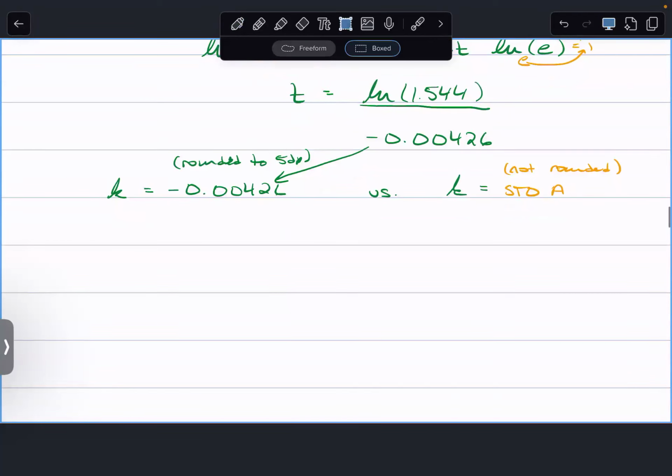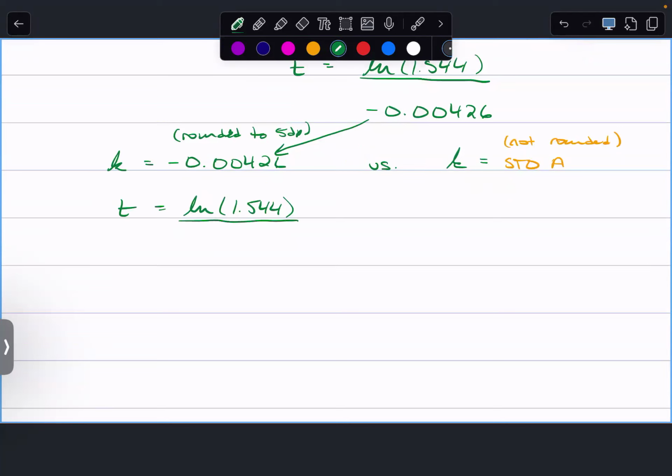So here, in this column, I get t is the natural log of 1.544. Remember, we didn't do any rounding there. Negative 0.00426. Start there. Natural log of that guy divided by negative 0.00426.